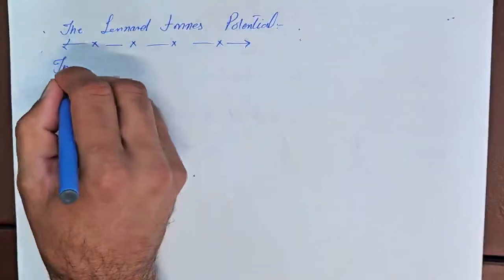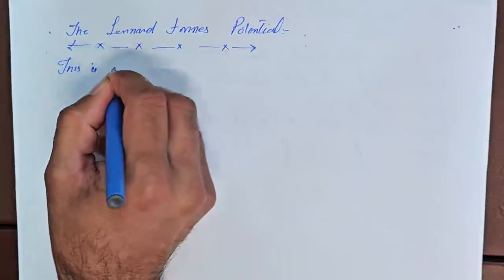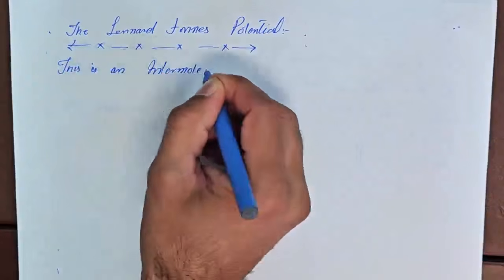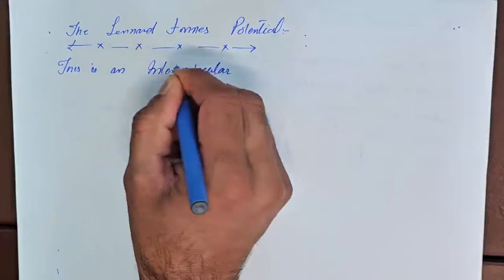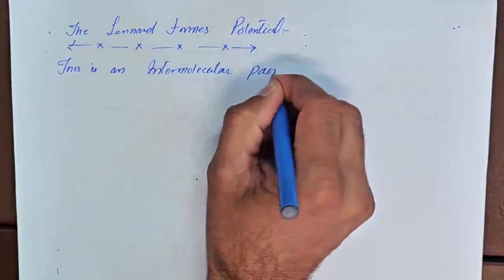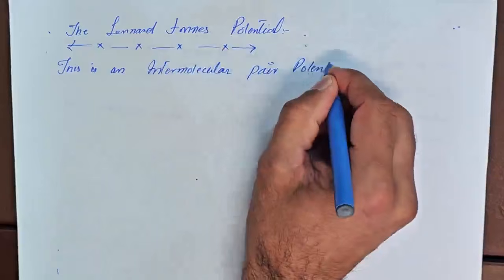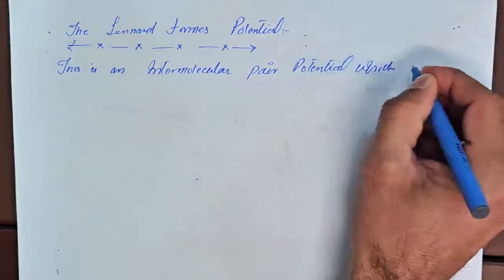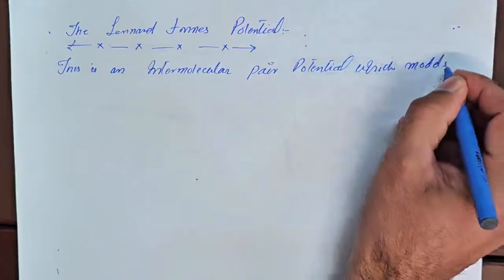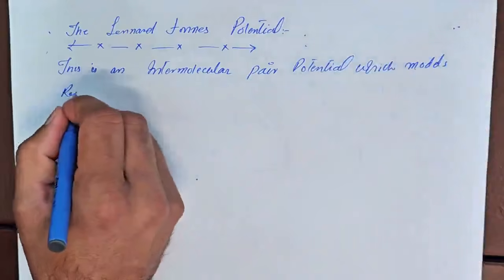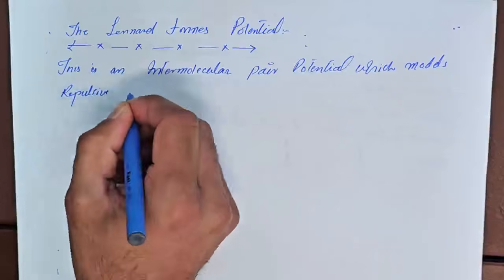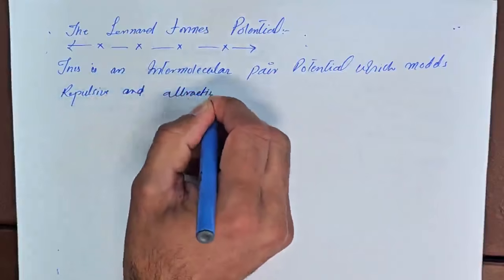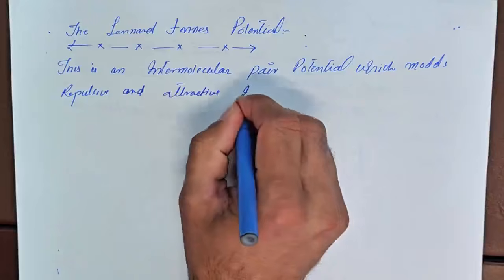This is an intermolecular pair potential which models repulsive and attractive interactions.